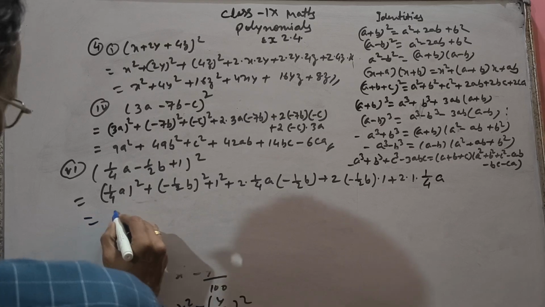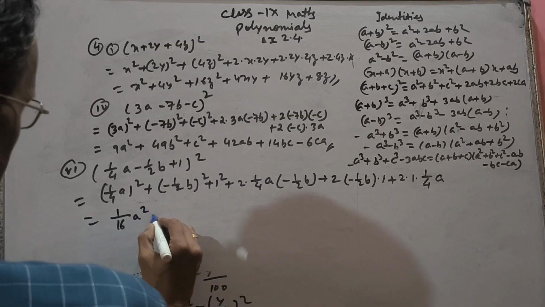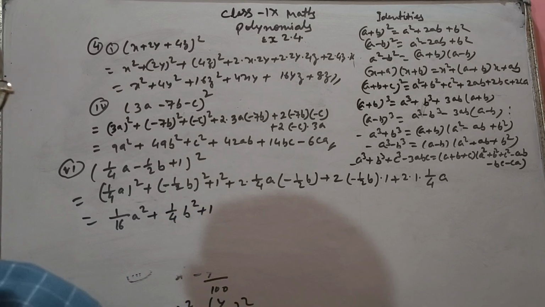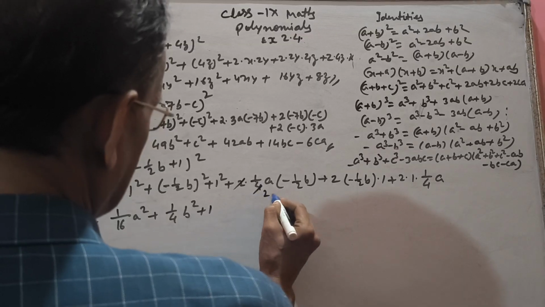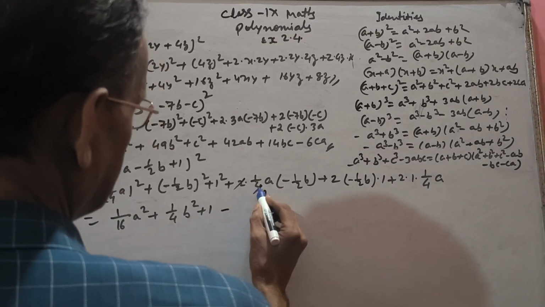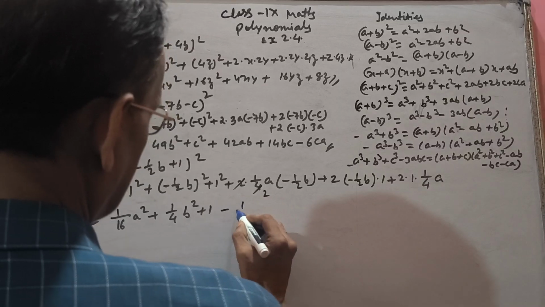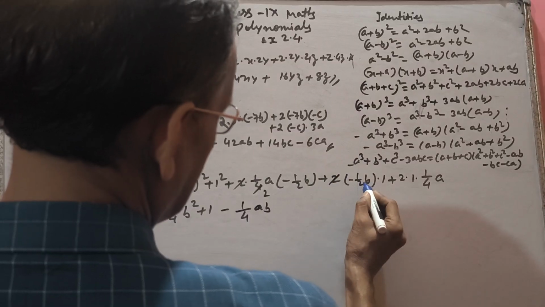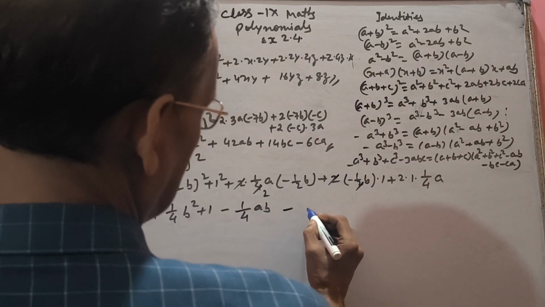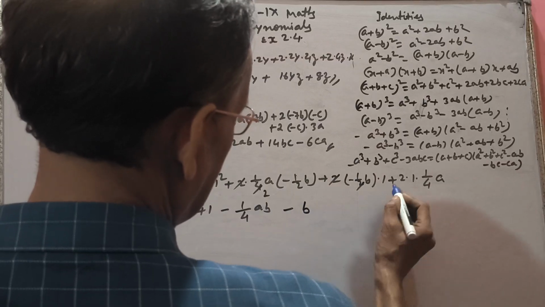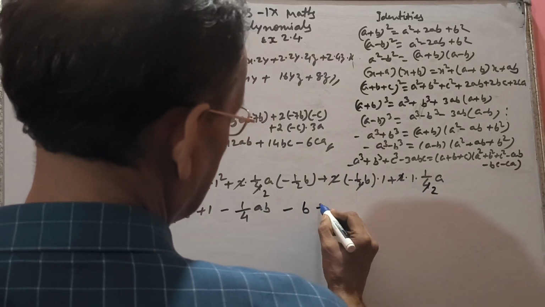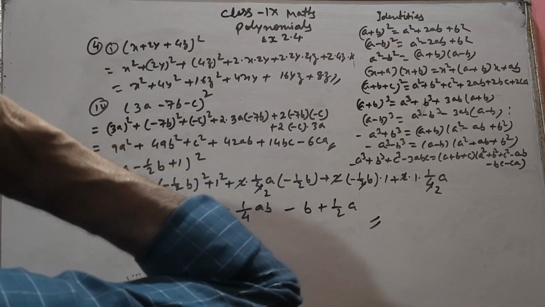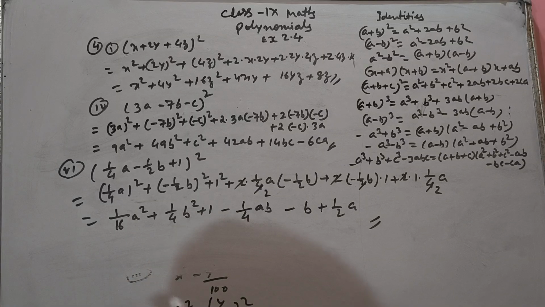Now we need to simplify it. 1 by 16a squared minus... plus 1 by 4b squared plus 1. See, when you simplify this, 2 and 4 can be cancelled. What will we get? Plus minus minus, 1 by 4, ab. Then again when you multiply, this 2 will cancel, plus minus minus, b into 1, b only, and this again cancels, so we get 1 by 2a. It can be arranged as you like, but this can also be done. Others are similar, so you will use it.